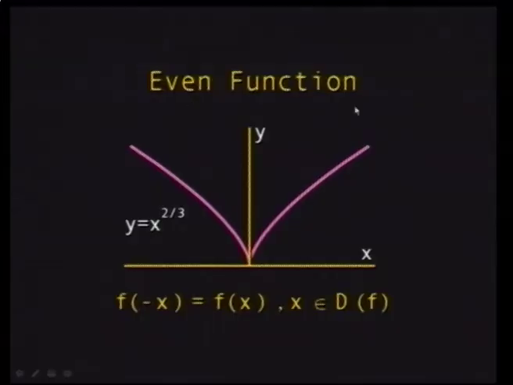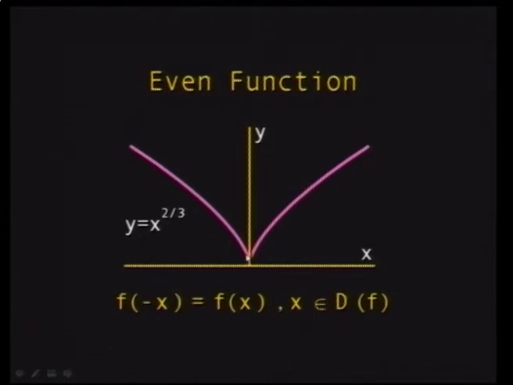For example, this one here, y is equal to x to the power 2 over 3. This is called the third root of x squared, and this is an even function. How did you know that it's an even function? The meaning of even function is that it is symmetric about the y-axis.